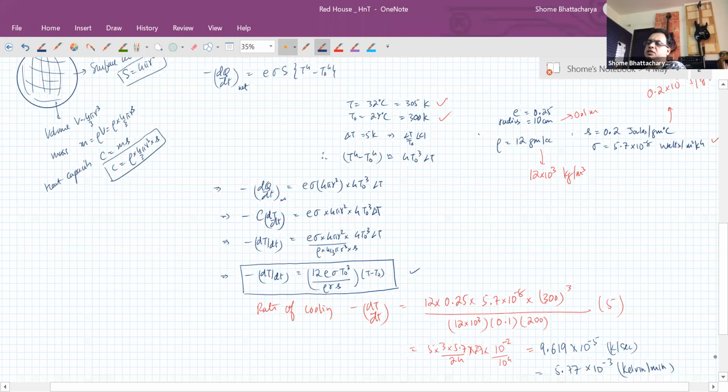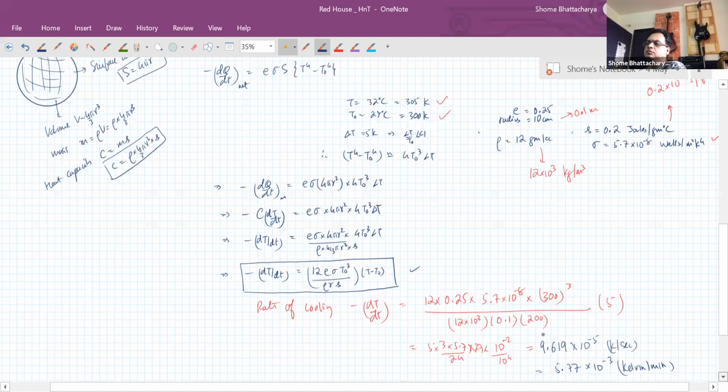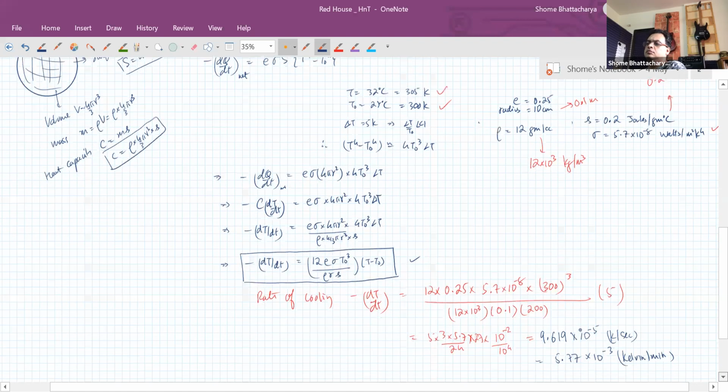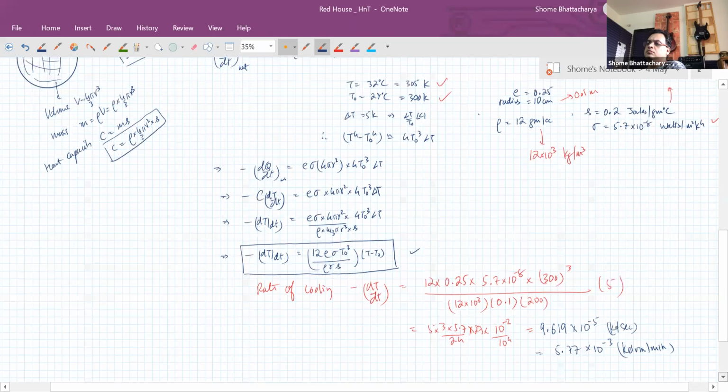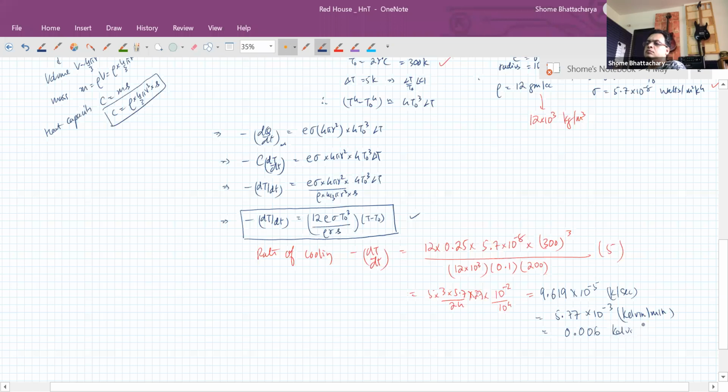So something like 0.006 kelvins per minute. Okay, so hope this is clear.